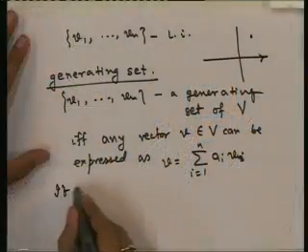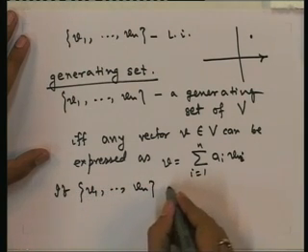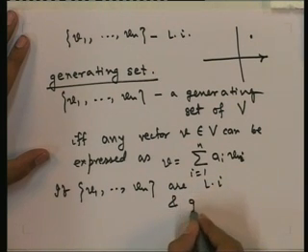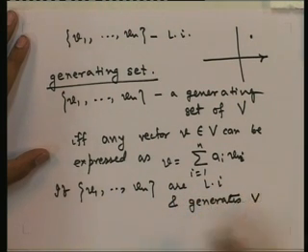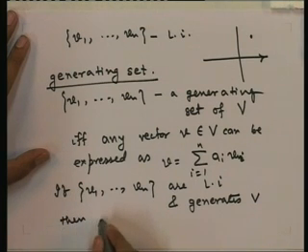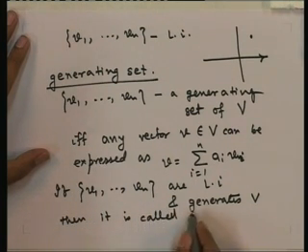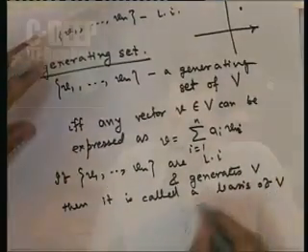Now if V1 to Vn are linearly independent and it generates V, then it is called a basis of V. So this is a new term again.